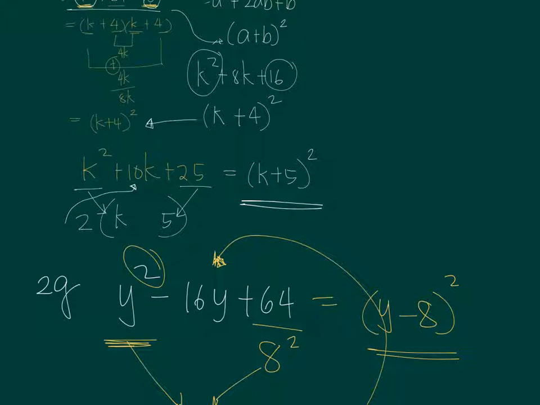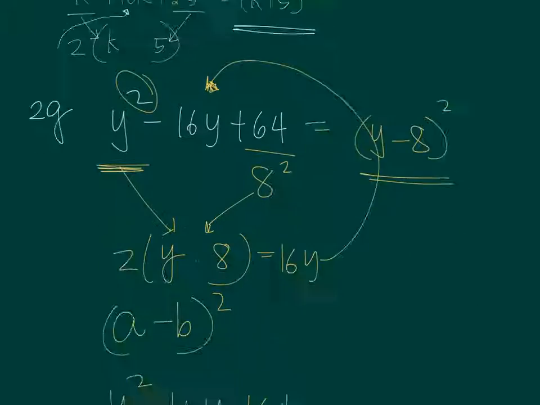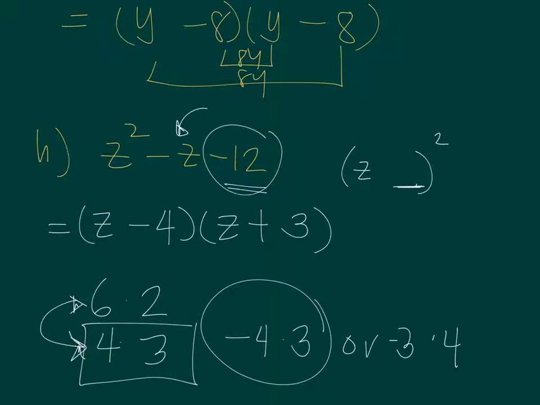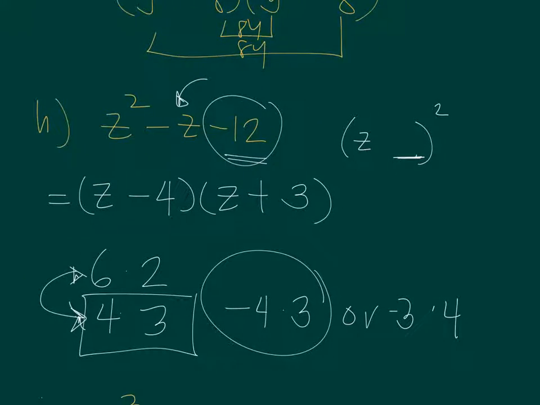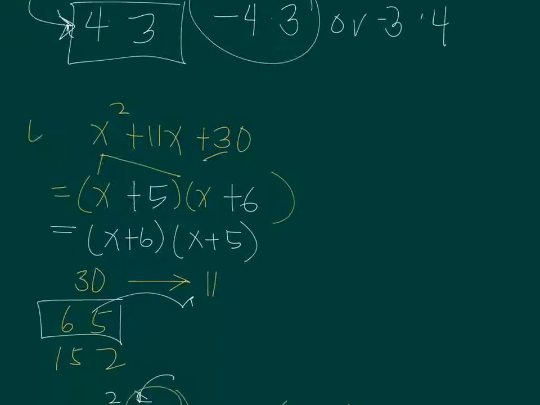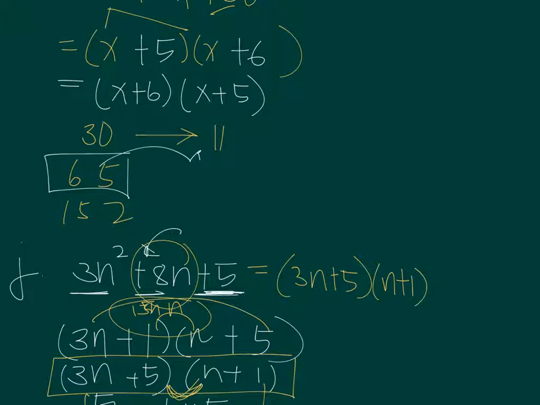We have two examples here with different cases, and then the other three problems are for me to test whether you know how to come up with the proper combinations of numbers so that you could factor the expression properly. Okay, and that's the same for letter I and letter J. Okay, so that's for the second set of factoring. So that's number 2F to number 2J.